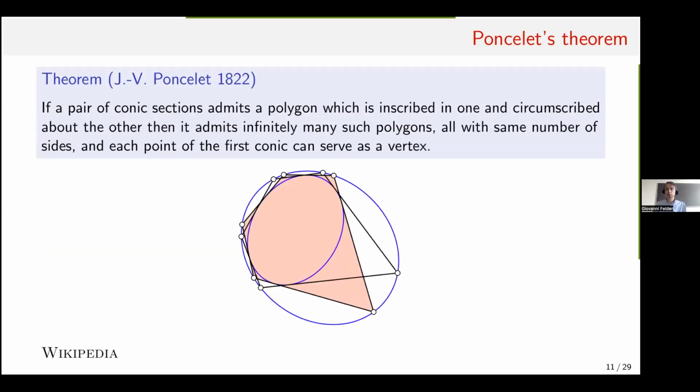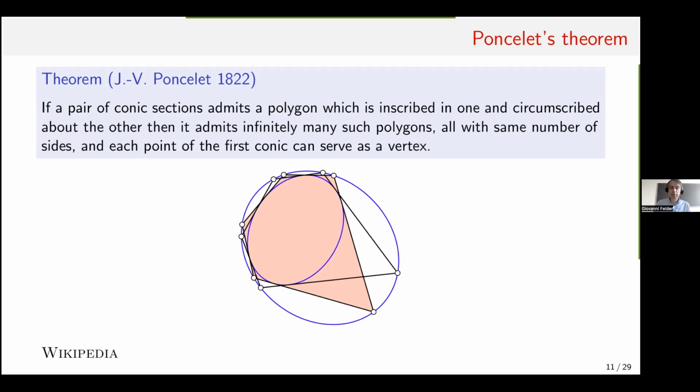Okay. So the Poncelet theorem is the following one, 1822. If you have a pair of conic sections, for instance, two circles or two ellipses, and for the sake of the argument, let's suppose that one is contained in the other, but this is kind of general.